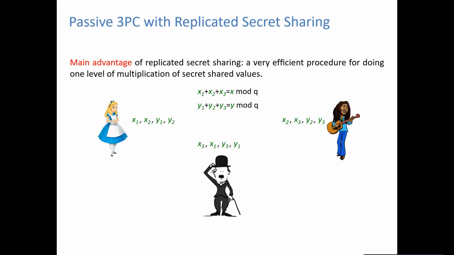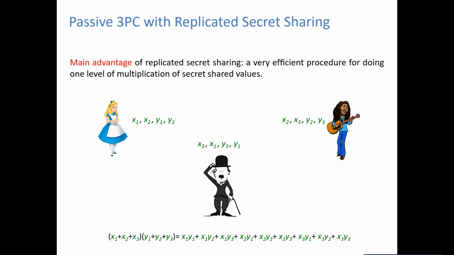Let's say that we have these two secret shared values X and Y, and we want to multiply X and Y without releasing any information about either of them. The computation we are trying to do is the one at the bottom here. If we express it as a mathematical breakdown of the terms, you end up with 9 factors: X1 Y1 plus X1 Y2 and so on.